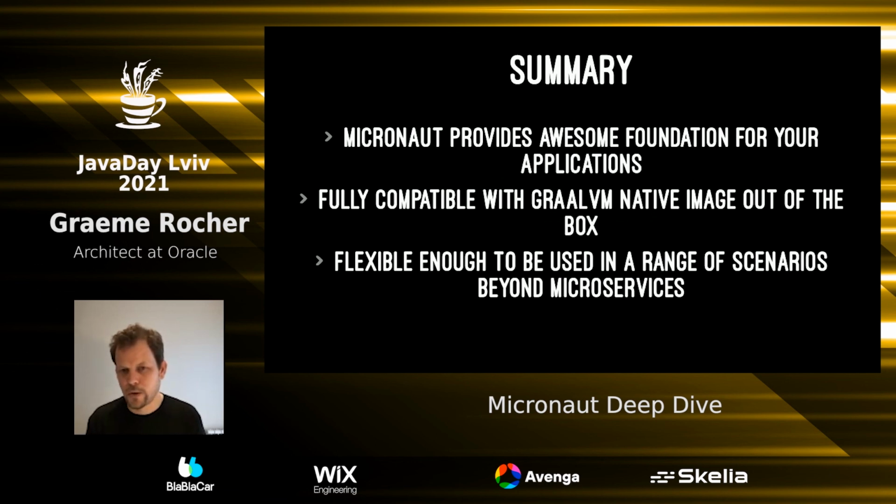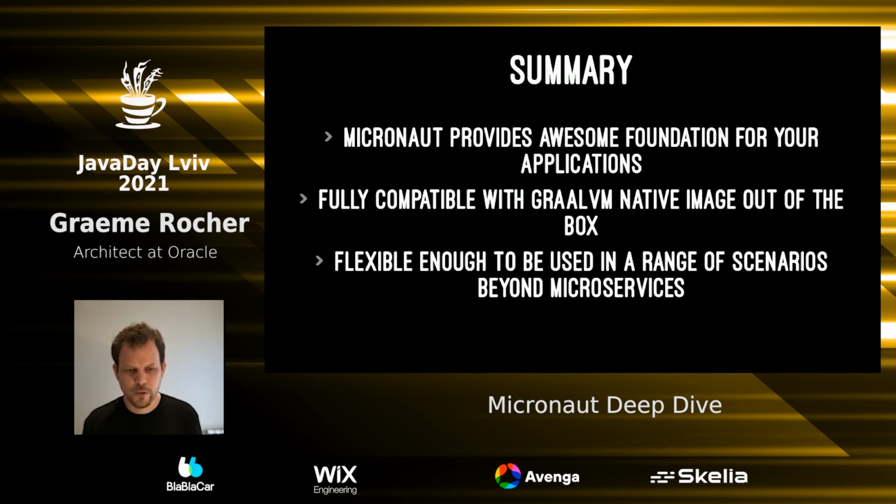Whatever you do with Micronaut is fully compatible with GraalVM native image out of the box, because what we produce at compilation time is essentially free of reflection, free of dynamic class loading, free of bytecode generation at runtime, free of anything that would require extra configuration to use native image with Micronaut. So it has really strong integration with native image.